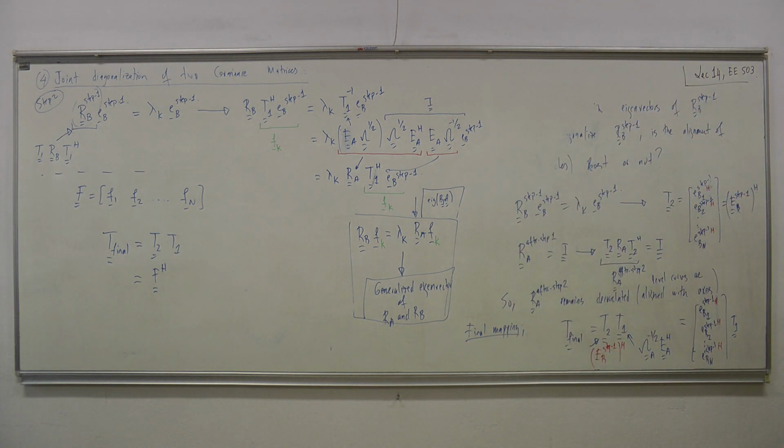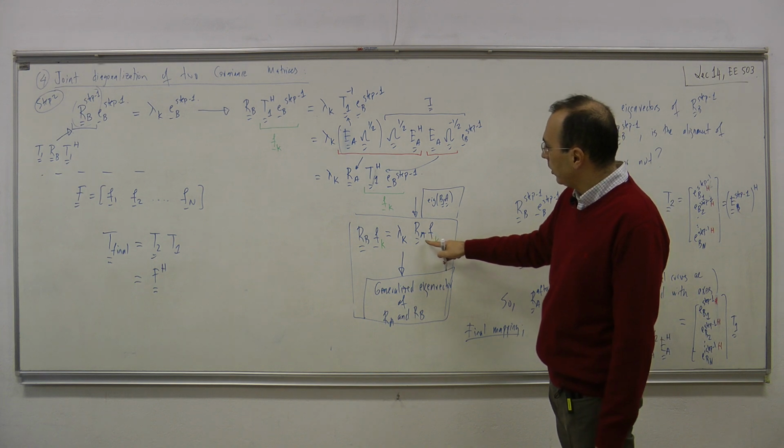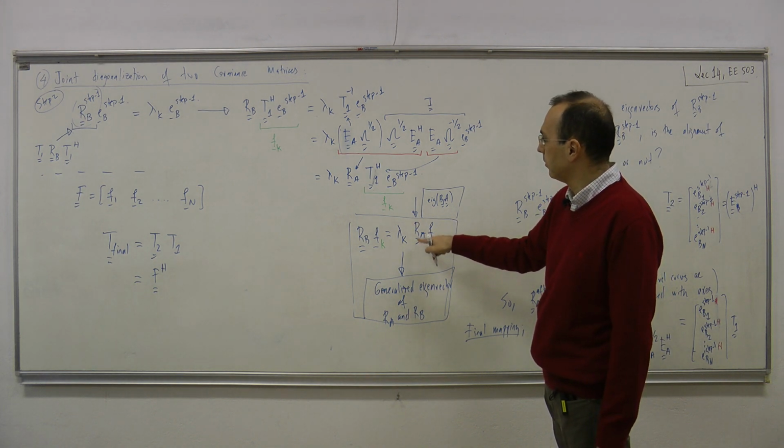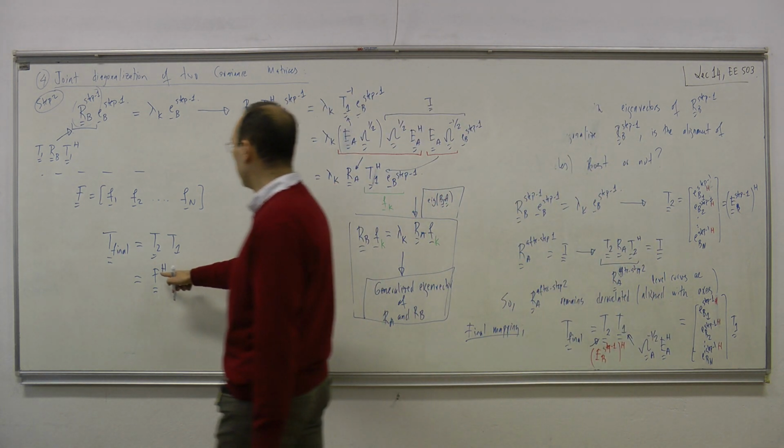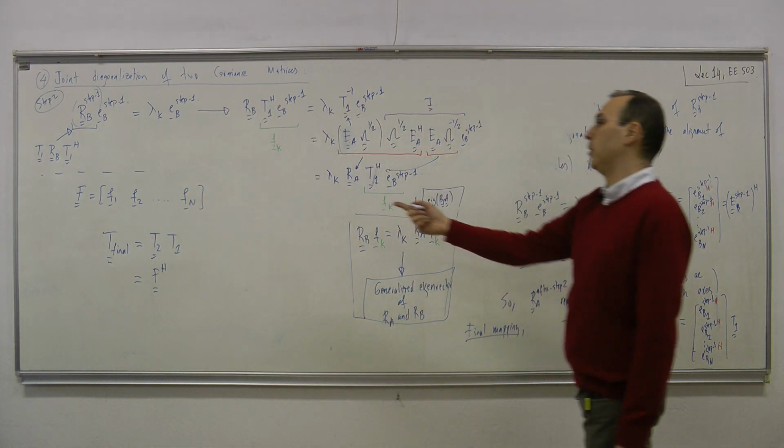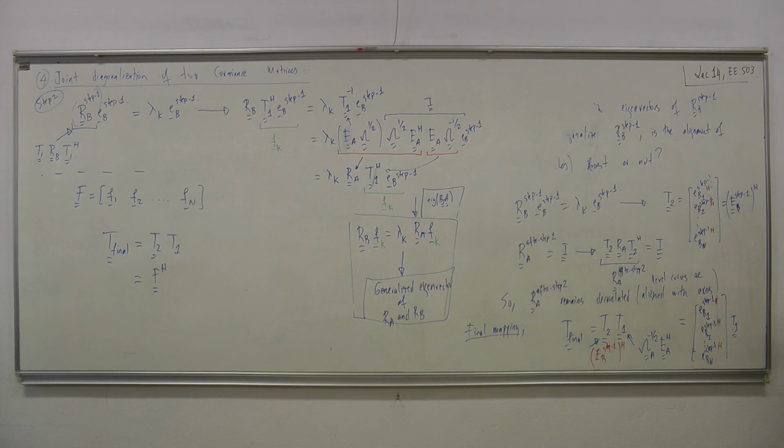Okay? That is it. Actually, it's not very surprising because if one of these matrices is identity, now we get our usual results like eigenvectors. In the eigenspace, I'm doing the decomposition.